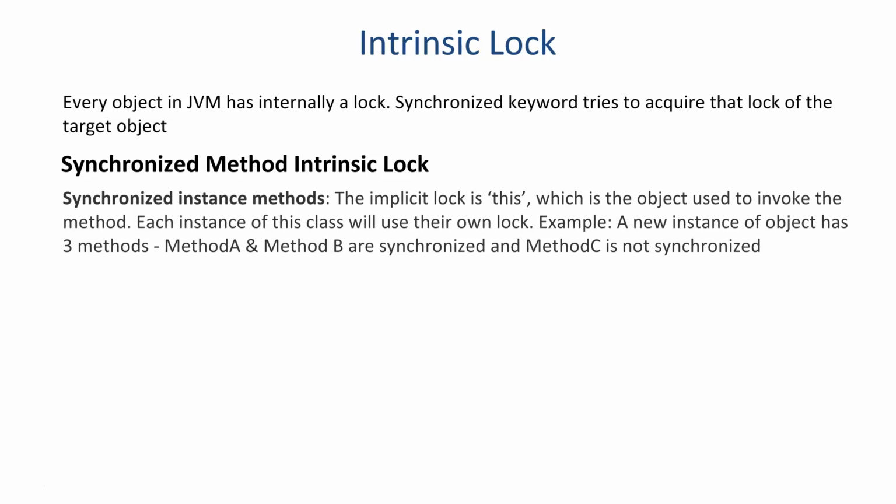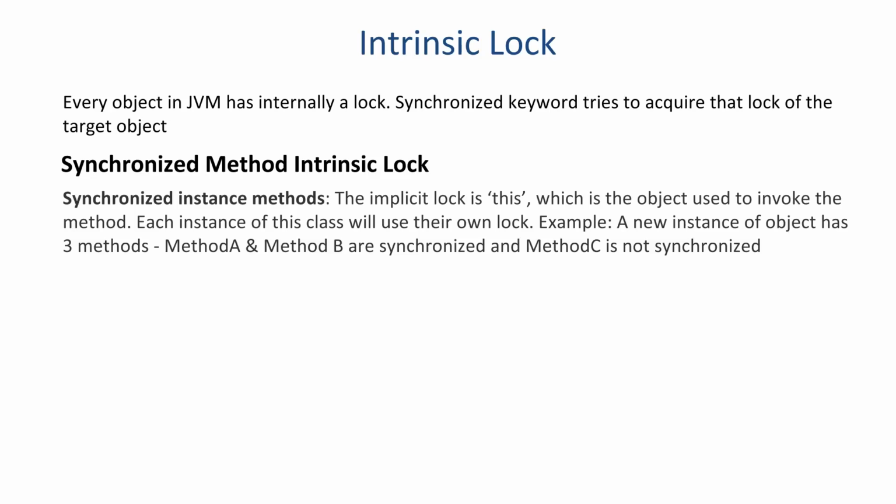A new instance of an object has three methods. Method A and method B are synchronized and method C is not synchronized. Now we have two threads operating on that object, and one is trying to access method A and the other one is trying to access method C.